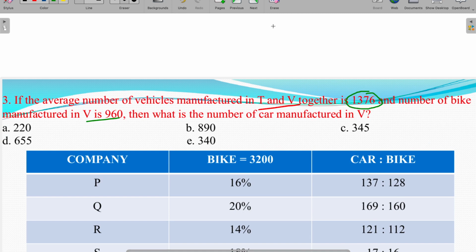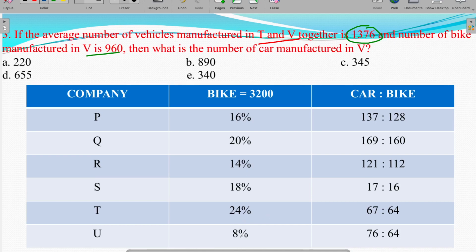The total average is 1376, which means 2600 plus 152, 2752 will be the total number of vehicles manufactured by T and V. In T also we have some vehicles, in V also. In T I can find out: 8 parts is equal to 64.